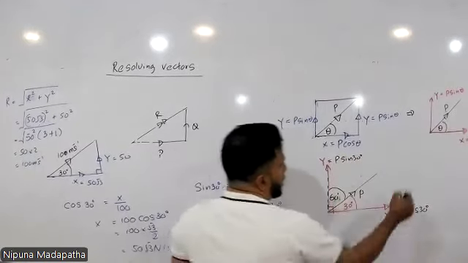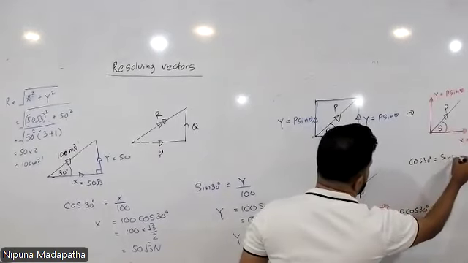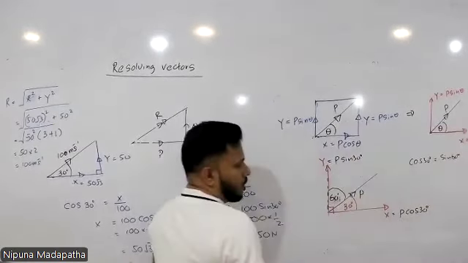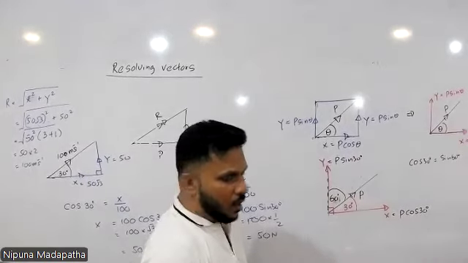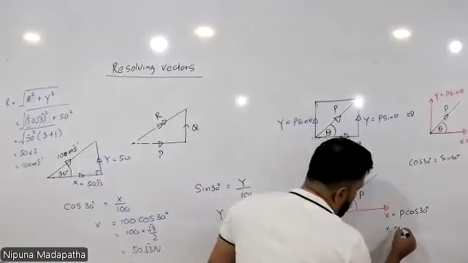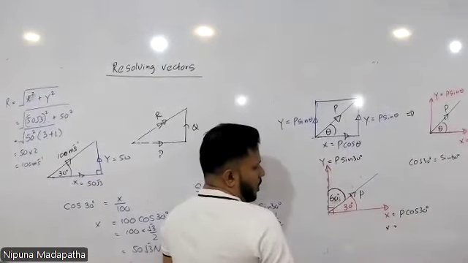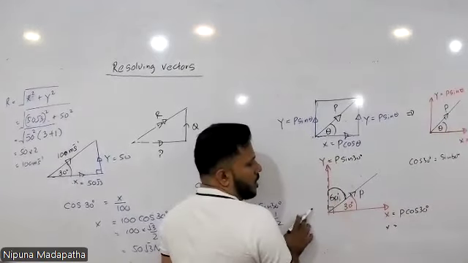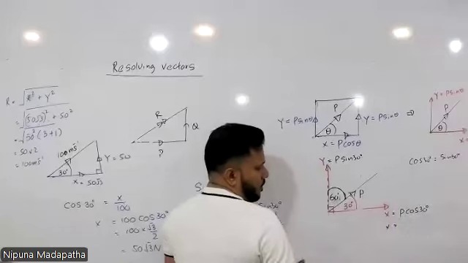If you remember, cos 30 is also equal to sine 60. So you can write this x component in terms of this angle also. If you take this angle 60, this will be the y component.